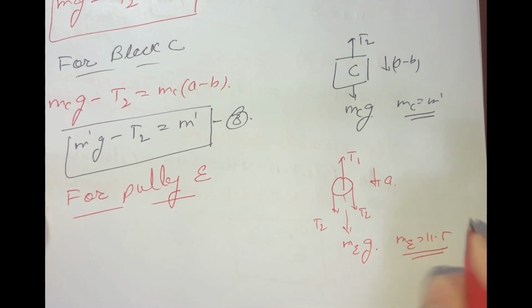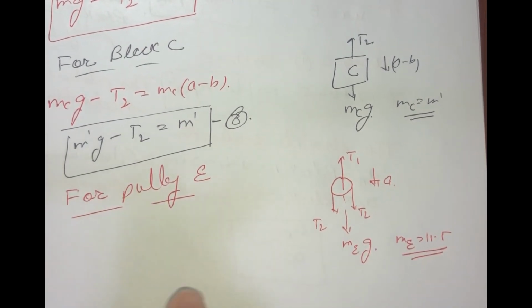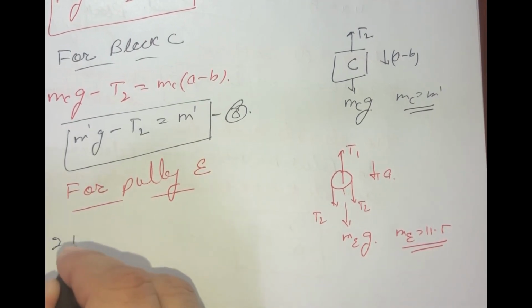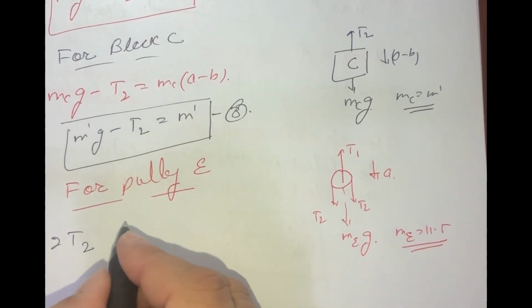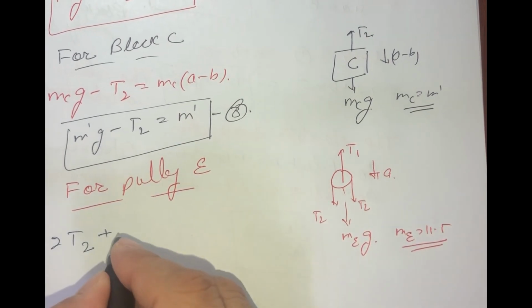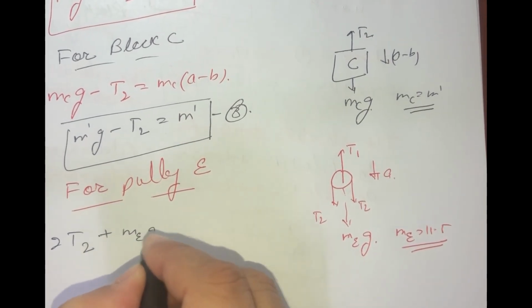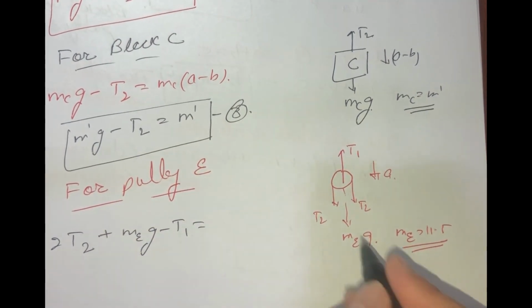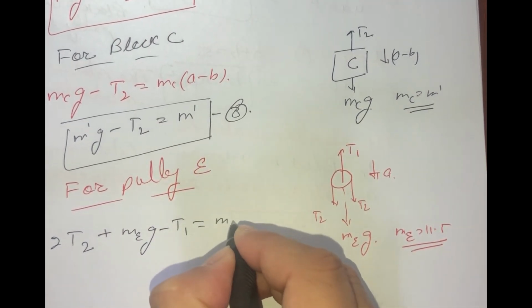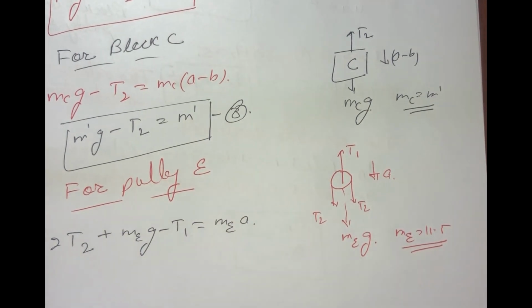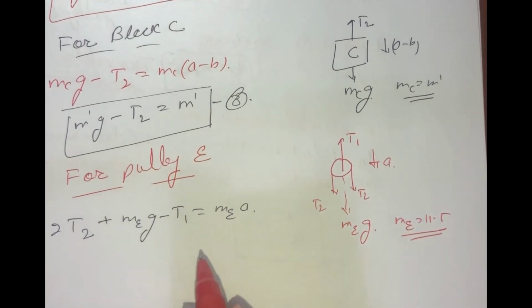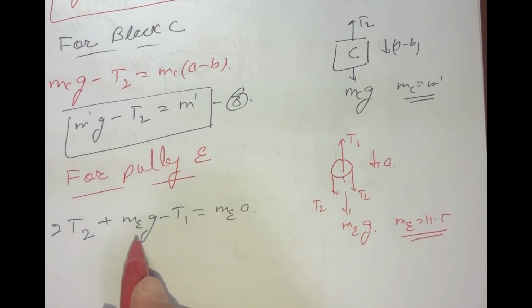So we can write this equation as 2T2 plus mEg minus T1 is equal to mE multiplied by a. So here we can substitute the value. mE is 11.5.